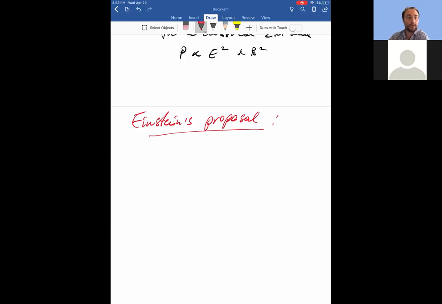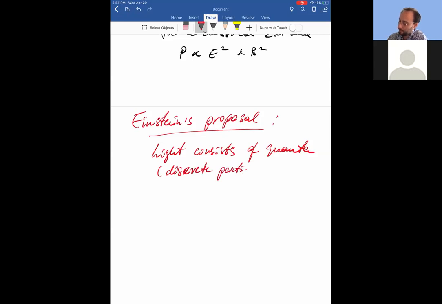So Einstein's proposal is the following. Light consists of quanta, discrete particles.